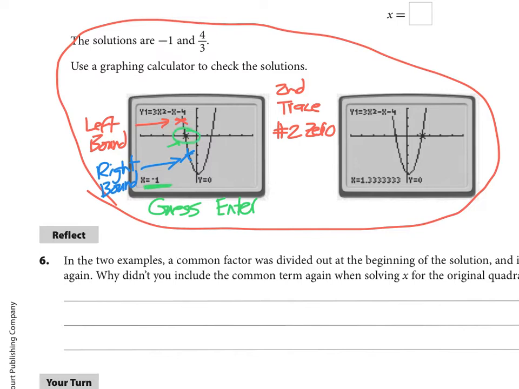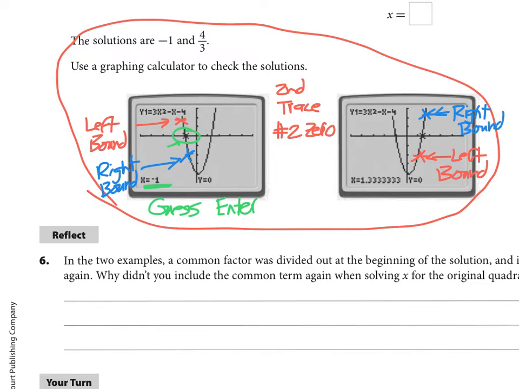Now on the other side, it's a little different. On the other side, you want your cursor here for left bound. So think about moving your cursor on the graph from left to right. So right bound, your cursor would have to be up here. You're always going to sandwich the x-axis because that's where you're finding it. Your zero is your x-intercept.